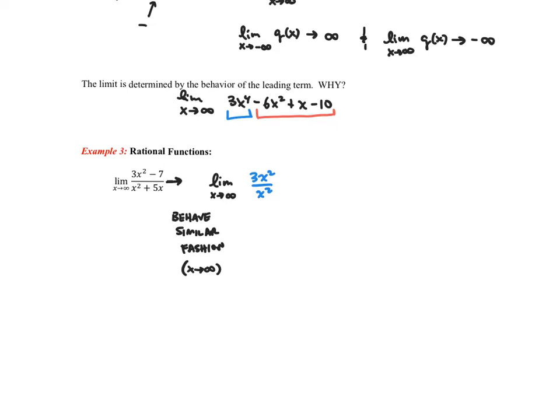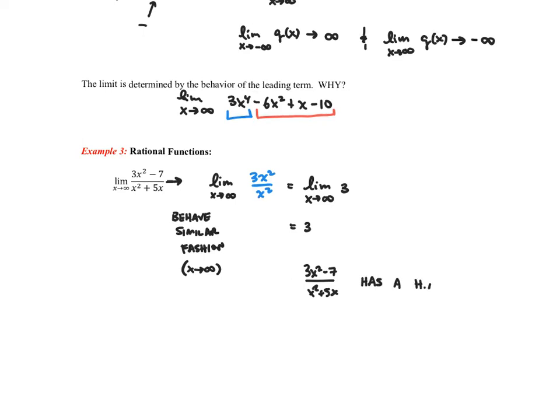And we can see that we could reduce this to the limit as x approaches infinity of 3, which of course we know would equal 3. Therefore, what have we just done? We have identified that the function 3x squared minus 7x over x squared plus 5x has a horizontal asymptote.